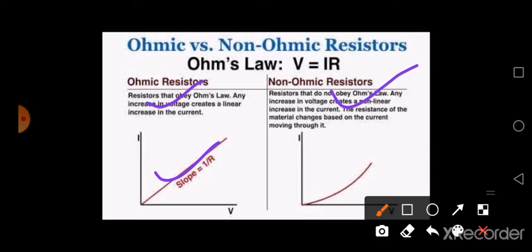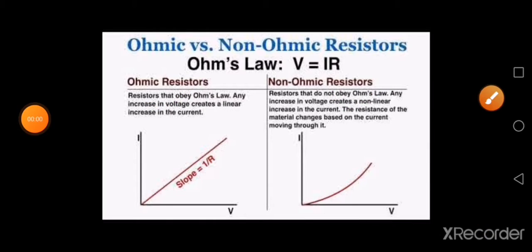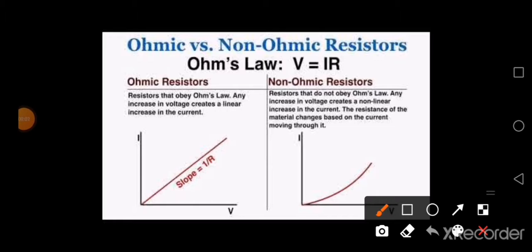But for non-ohmic resistors, it will not be a straight line. The third point is that, since the graph is a straight line for ohmic resistors, the value of R is going to be the same at every point wherever you take, or the slope will be the same. But since this is not a straight line for non-ohmic resistors, the value of R is going to be different at the different slopes you take.